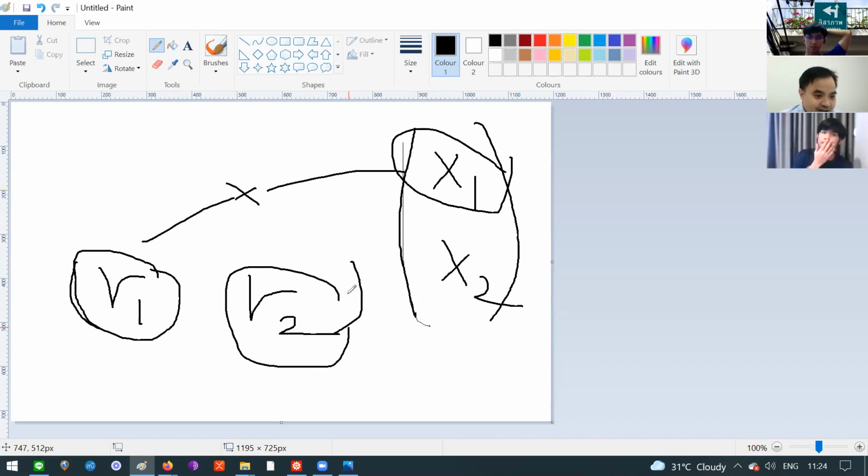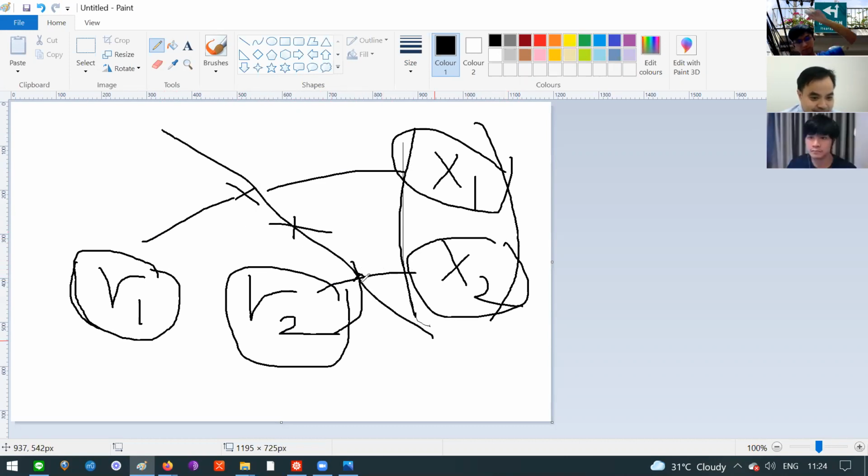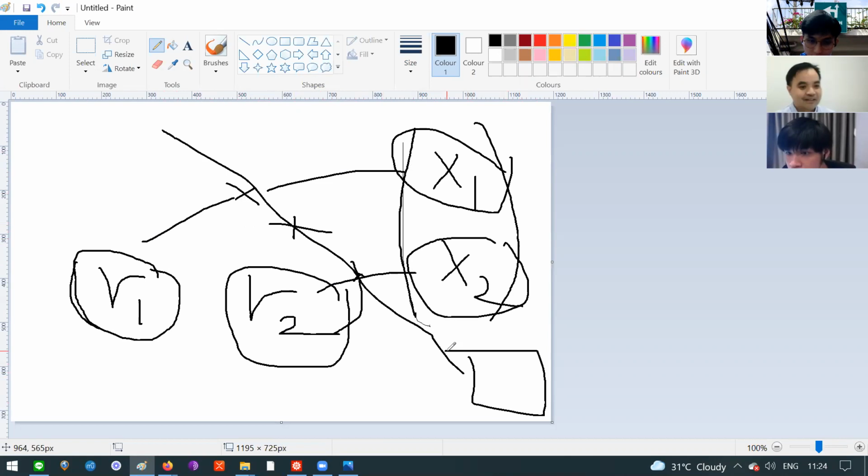You take this guy, you multiply by this guy, and then you add, and you get the result. That's what you would see in a math book. This is called a row vector. This now is called a column vector.